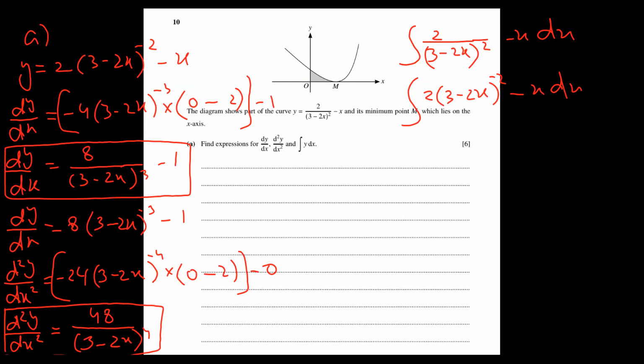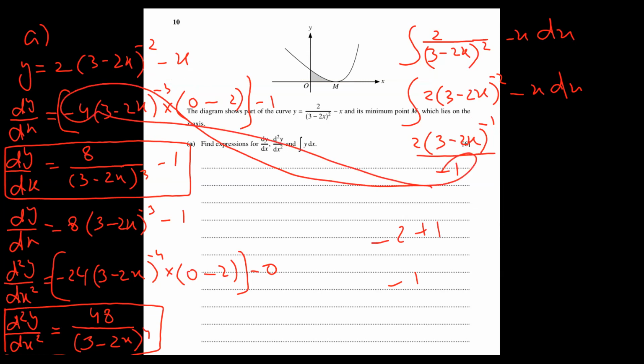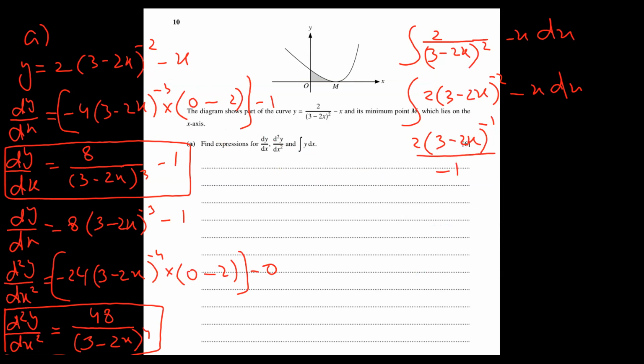And what is the criteria? Basic: in differentiation we decrease the power, like -1; here we add the power. So 3 minus 2x, adding to the power means -2 plus 1 becomes -1. The same base, and divide by that same thing. Here you multiply, here you divide. So the idea is very, very clear.